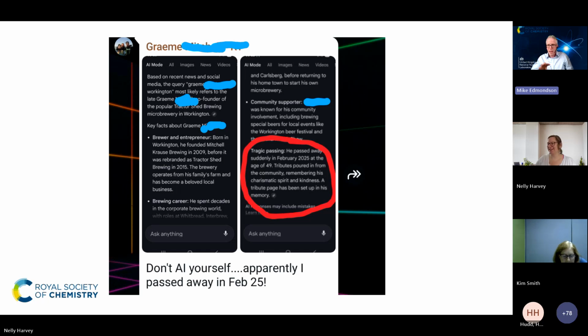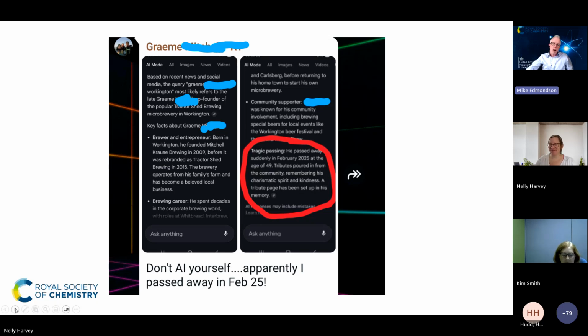It started talking about how he works in the brewing industry, how he set up his own brewery and stuff. And yes, it is great to have a friend who owns a brewery, by the way. However, as you can see ringed in the AI response and his comment below, it also determined that he died in February. So I thought that was an interesting example to share.